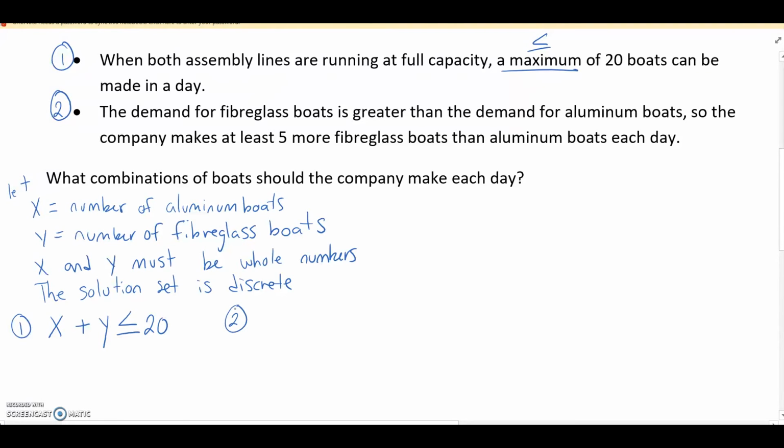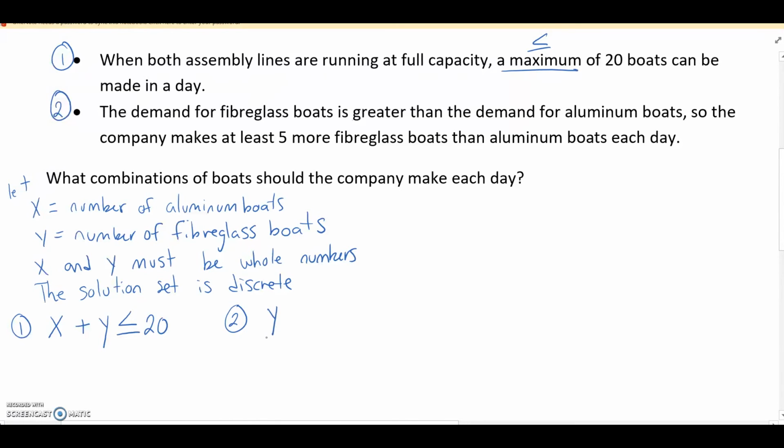Now for my second inequality, it says the demand for fiberglass boats is greater than the demand for aluminum boats, so the company makes at least 5 more fiberglass boats. So what does that look like? At least.